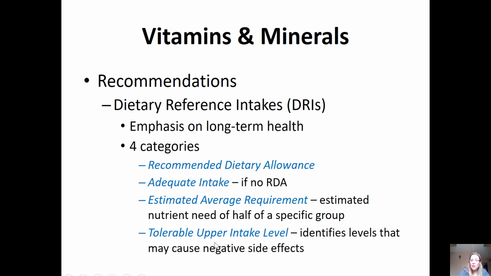And then tolerable upper intake level just basically says that we can ingest up to this higher level and not have any toxic, overdose effects of ingesting that vitamin. So for example, vitamin C, it might say the RDA for most individuals is around 75 milligrams a day, but the tolerable upper limit might be 300 milligrams. So basically you can go up to that level, but not have any overdose effects as a result.